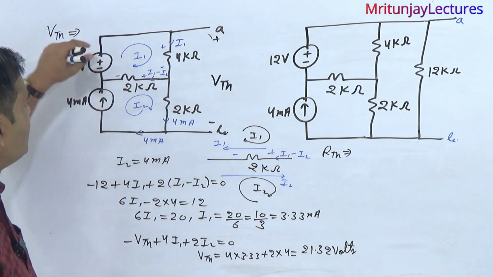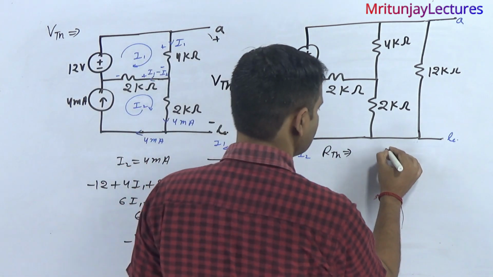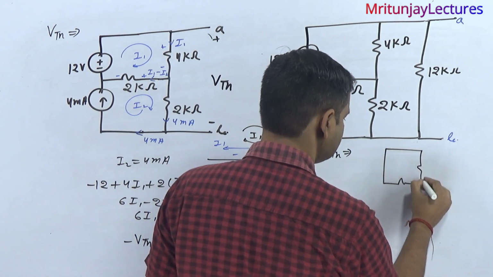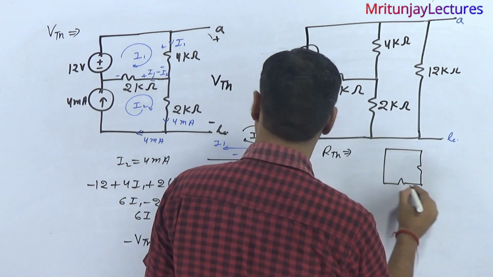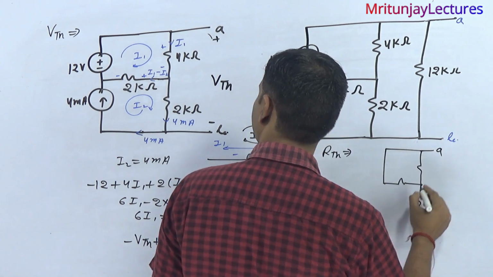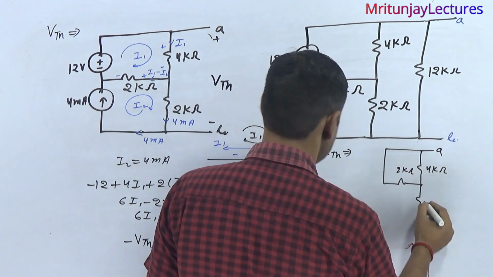So the circuit looks like this, and this is A and that is B. That is 4 kilo ohm, that is 2 kilo ohm, and that is 2 kilo ohm.